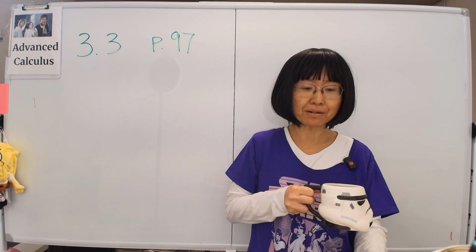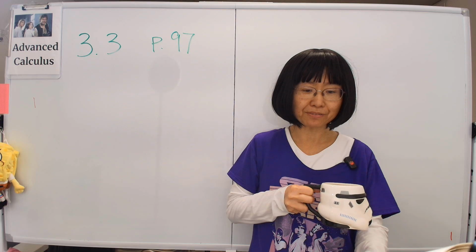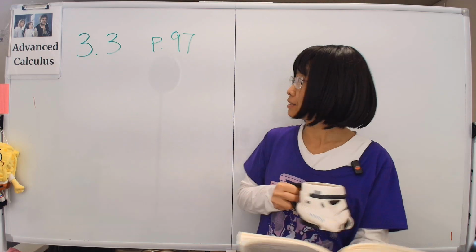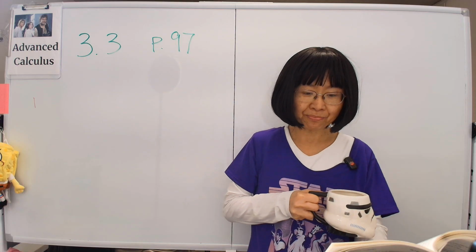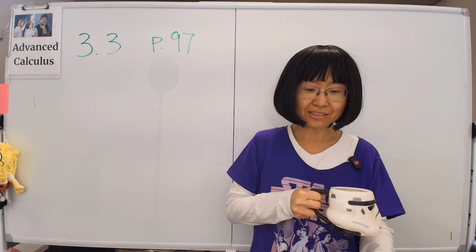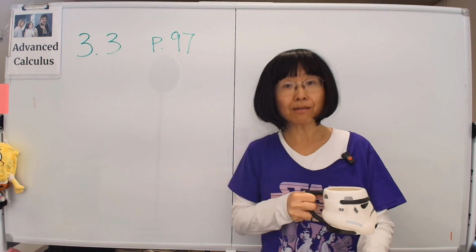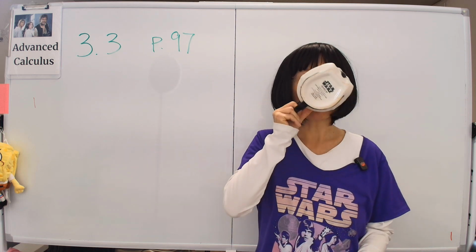So please read that first paragraph carefully, and then let's look at the new definition of curvature, which is defined very interestingly as 1 over r, r being the radius of the curvature.